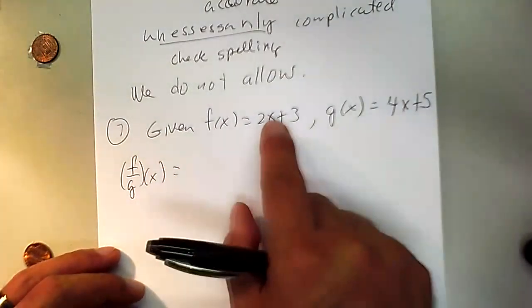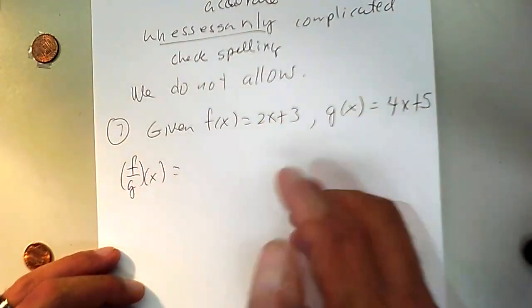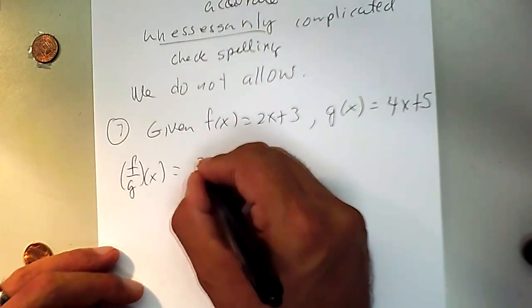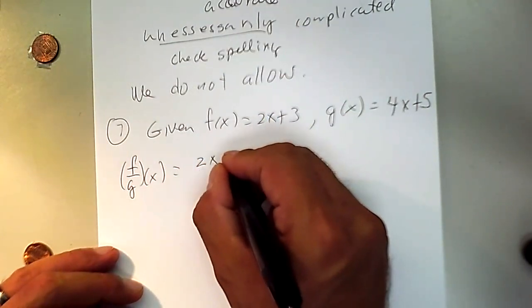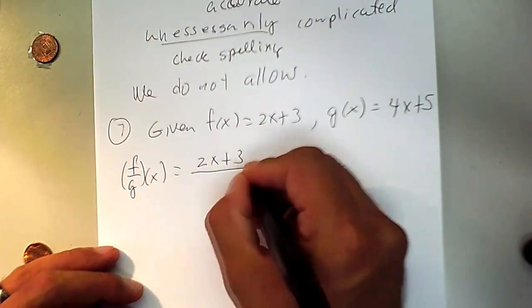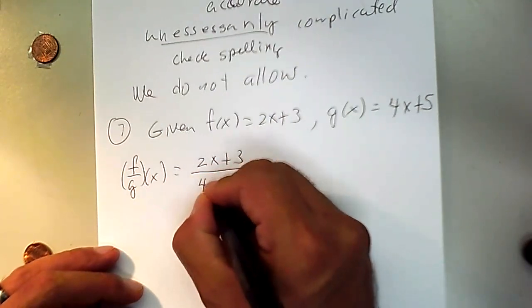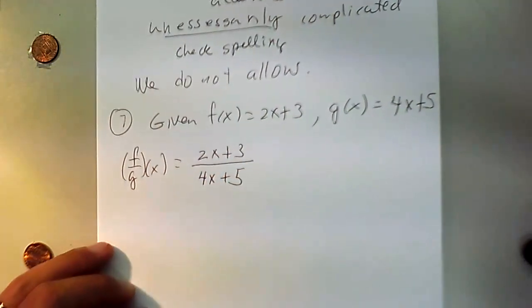And you know the drill, you take this polynomial, you divide by that polynomial, 2x plus 3 over 4x plus 5. And that gives us the formula.